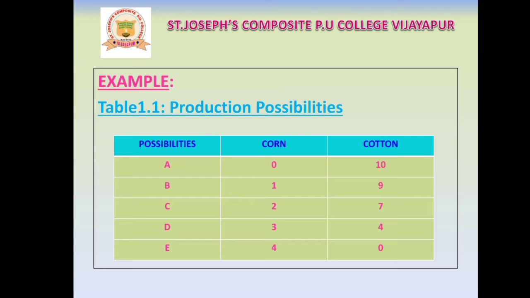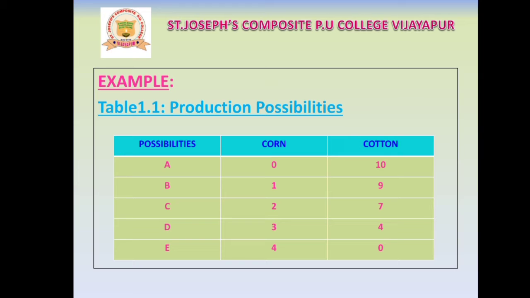If we utilize all the resources and the given technology only for corn, we obtain the maximum amount of corn, 4 units. Likewise, if we use all the resources and technology only for cotton, we obtain the maximum of 10 units of cotton.